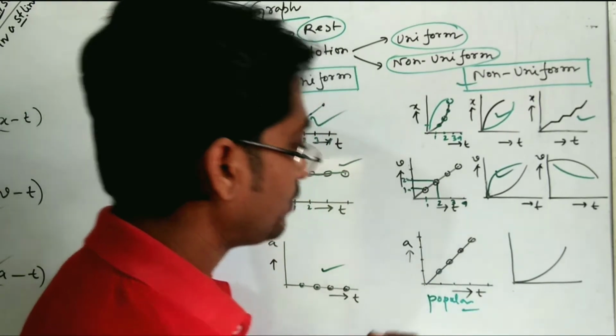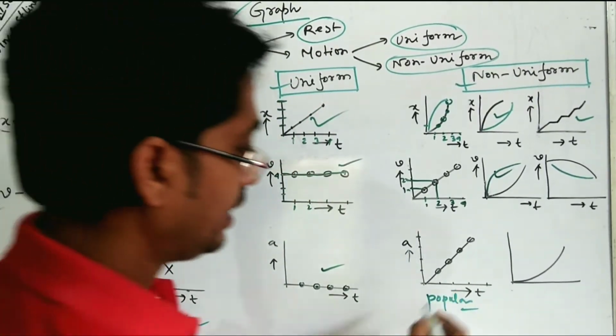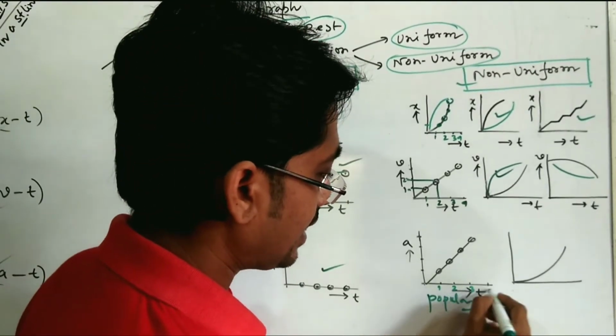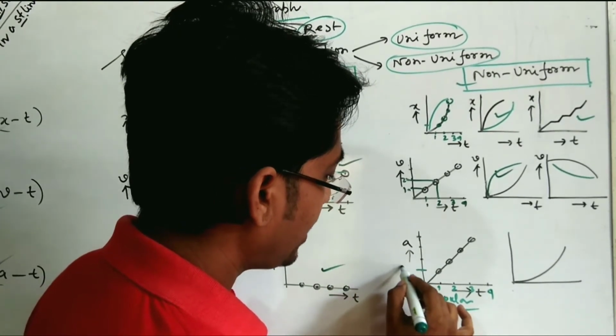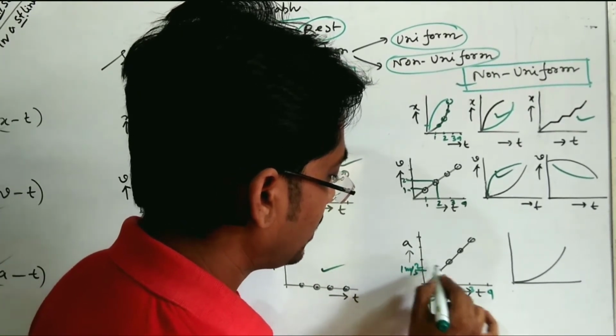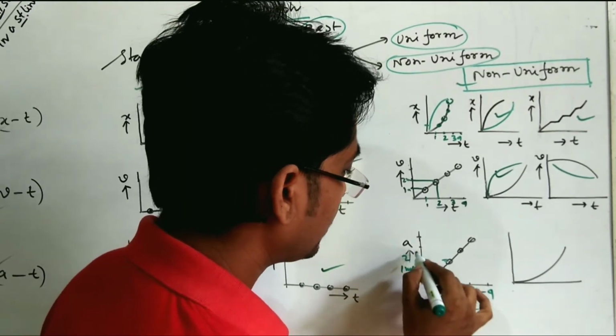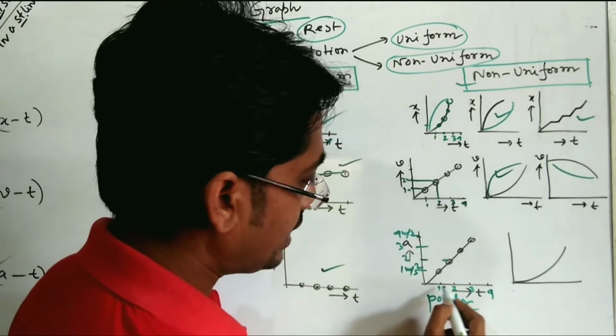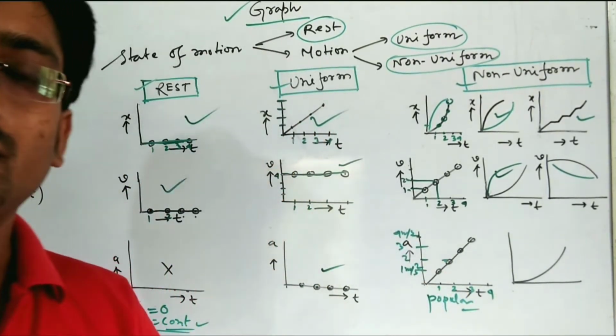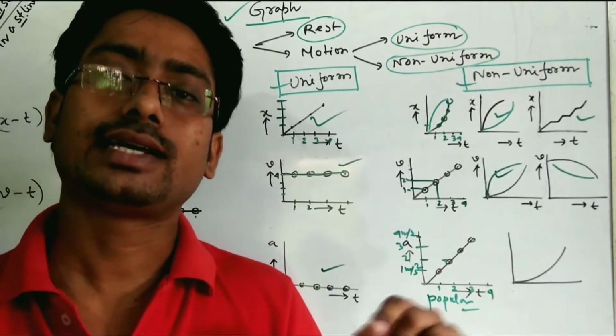And this is a very popular graph for uniform acceleration. t equal to 1 second, 2 second, 3 second, 4 second. Here suppose 1 meter per second square, 2 meter per second square, 3 meter per second square, here 4 meter per second square. That means in each interval of time, the acceleration increases.